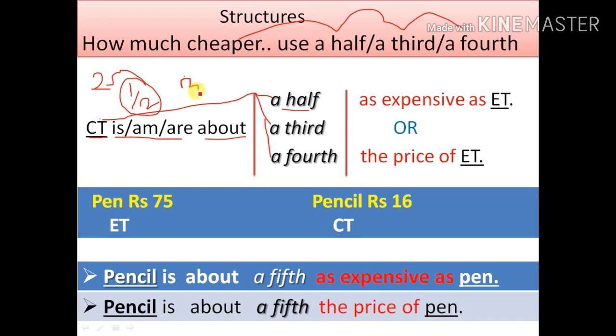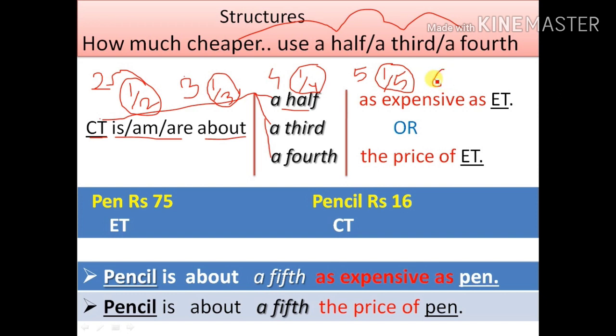Similarly, if A is about 3 times as expensive as B, it means B is about 1/3 the price of A. Similarly, if A is about 4 times as expensive as B, it means B is about 1/4 the price of A. Similarly, if A is about 5 times as expensive as B, it means B is about 1/5 the price of A, that we call a fifth.